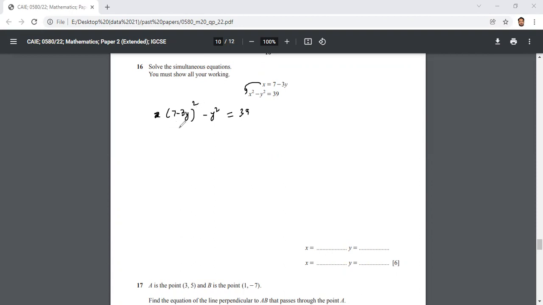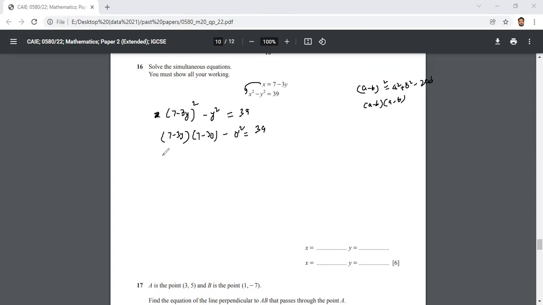You can apply the square formula, (a minus b) whole squared is a squared plus b squared minus 2ab, or you can write (a minus b) two times. It's up to you. So we write 7 minus 3y times 7 minus 3y, minus y squared equals 39.